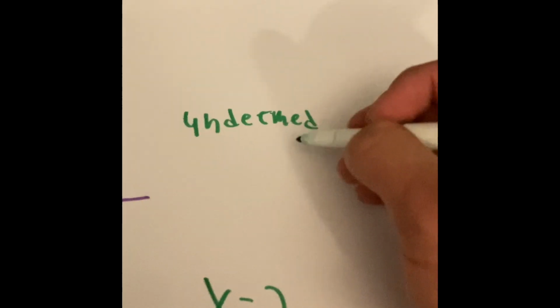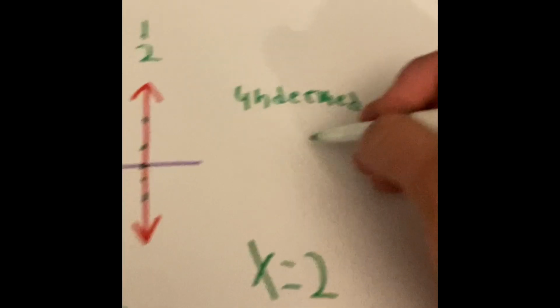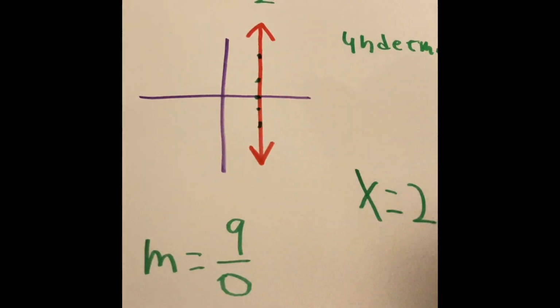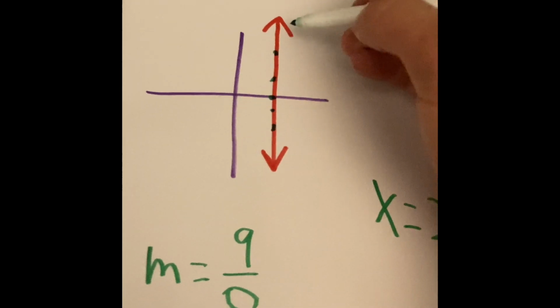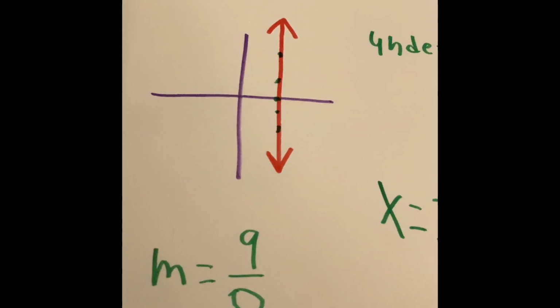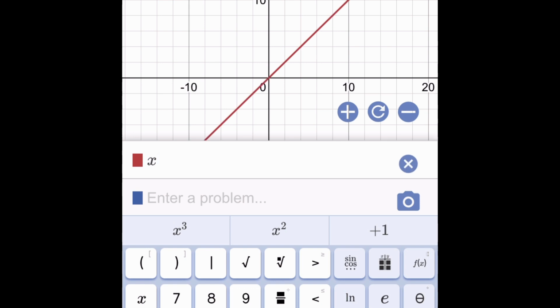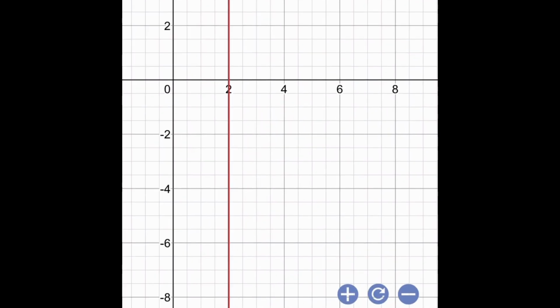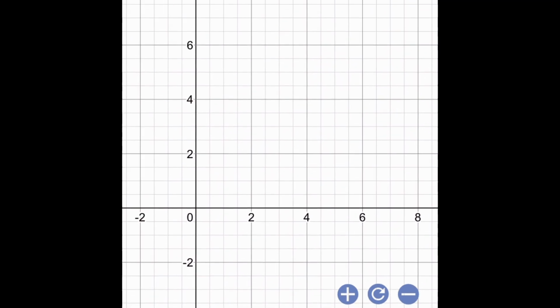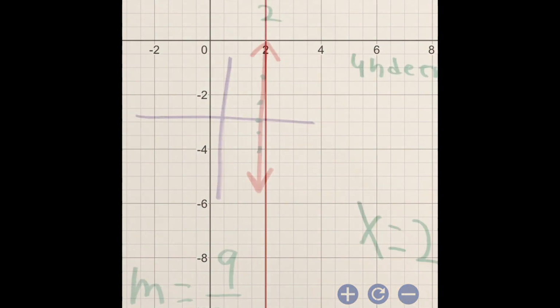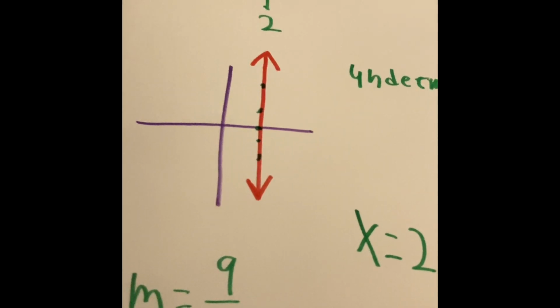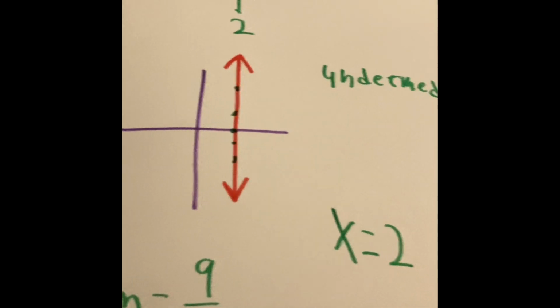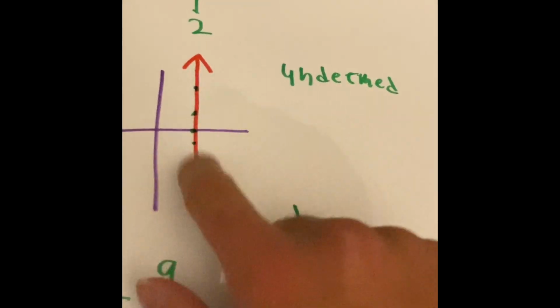No mathematician or math teacher has ever figured out why you can't divide by 0. Here's an example of an undefined slope on a graph. And here's an example in Super Mario Maker where Mario starts falling in an undefined slope.